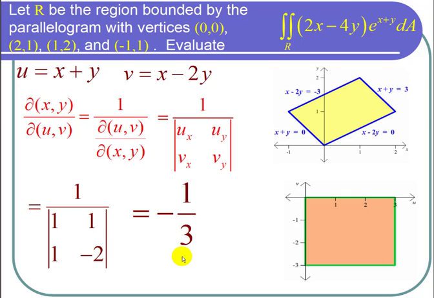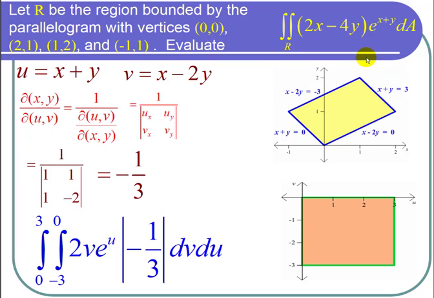So now I'm ready to use the change of variable theorem that tells us that a double integral over a region of a function of x, y dA is equal to the double integral over the transformed region in the uv plane of the function of u and v times the absolute value of the Jacobian times dA. So 2x - 4y, well, that's just twice x - 2y, or twice v.